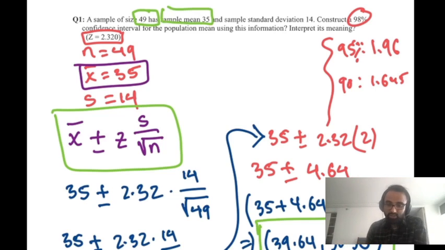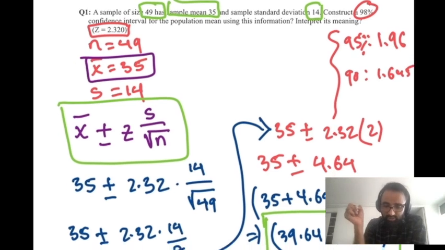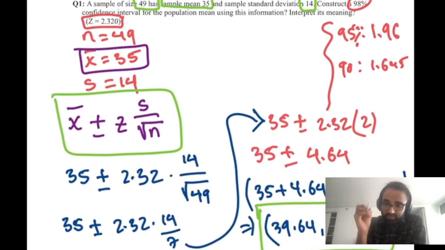And we know the standard deviation is 14. What they're really asking us, with this 98% confidence interval, is to find a range that you can be 98% confident the mean would be included in, within the interval that we just calculated right here.